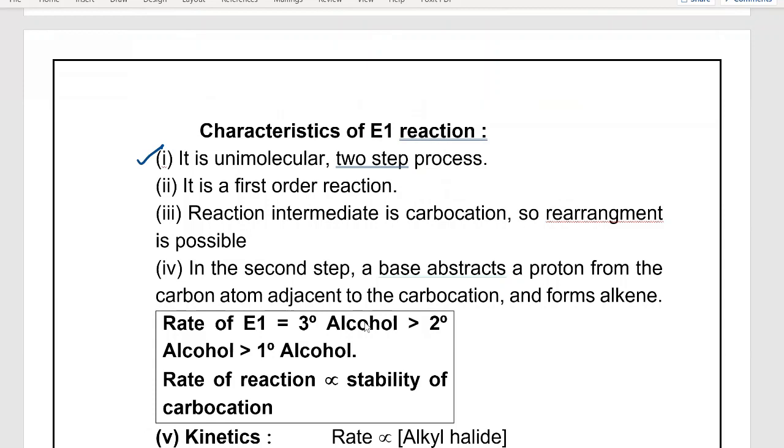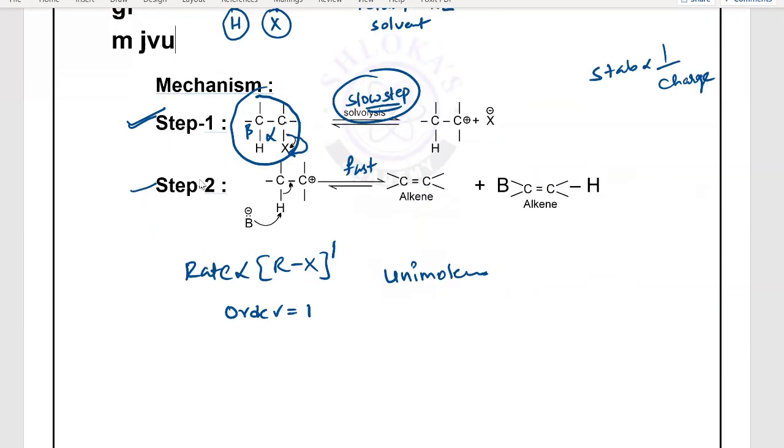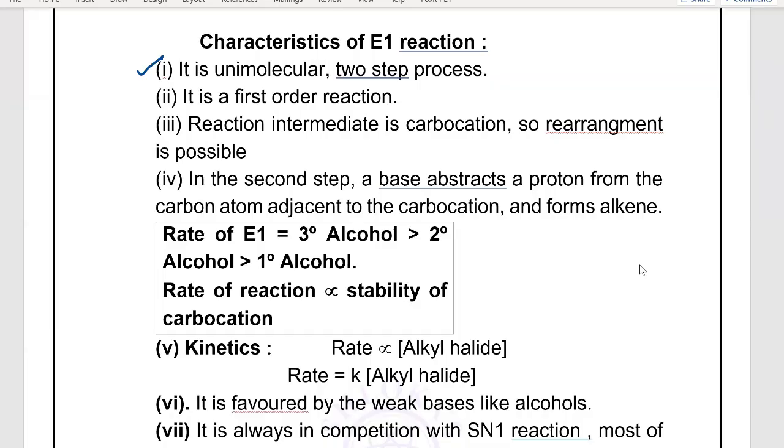It takes place in a two-step process: step one is carbocation formation and step two is abstraction of beta hydrogen. It is a first order reaction. Why? You can write the rate expression: rate is directly proportional to the molar concentration of alkyl halide. The sum of the powers of concentration terms is equal to 1.